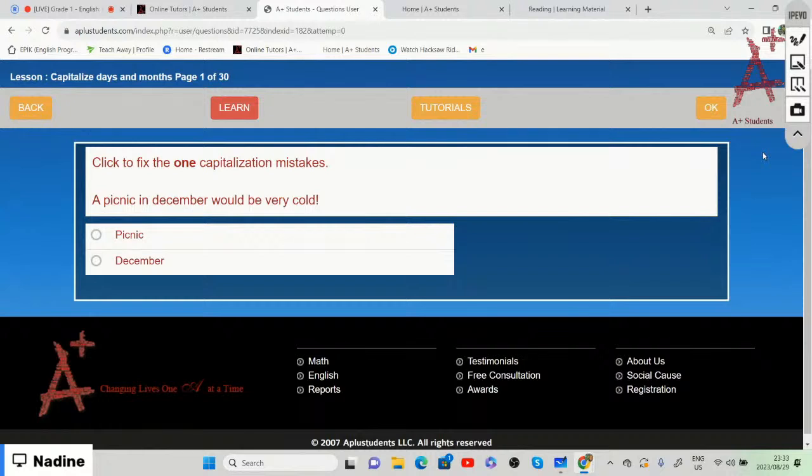Is it picnic or is it December? A picnic in December would be very cold. If we select the capitalization mistake, we'll select December, right? Because December is a month of the year and it was not capitalized.